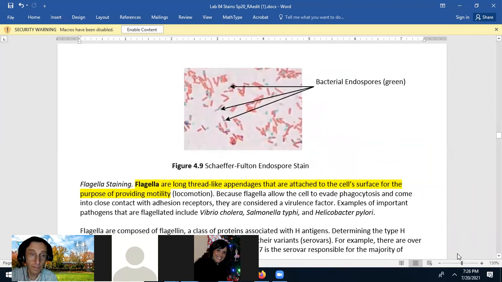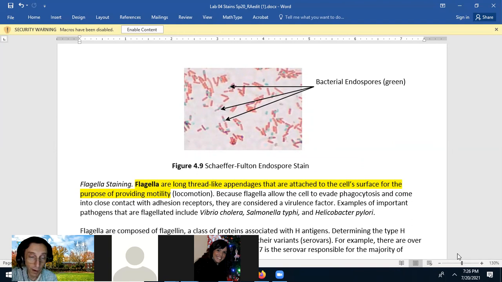All right, the flagella stain is a stain used to show flagella. Flagella are long thread-like or whip-like appendages that are used by the cell for movement.